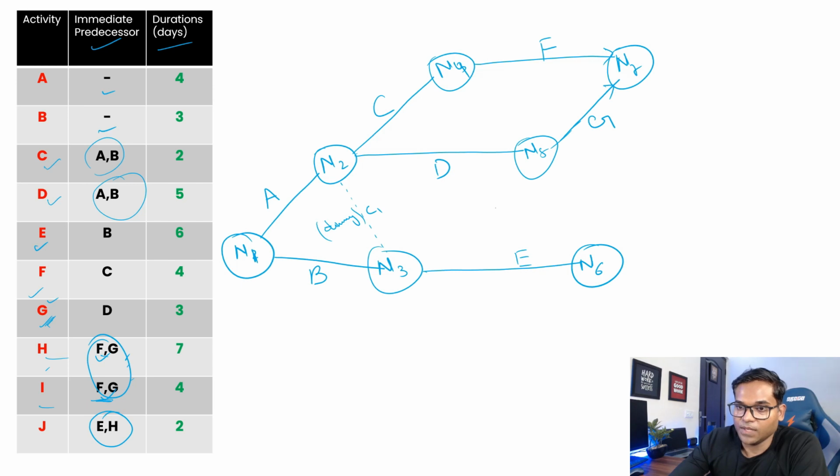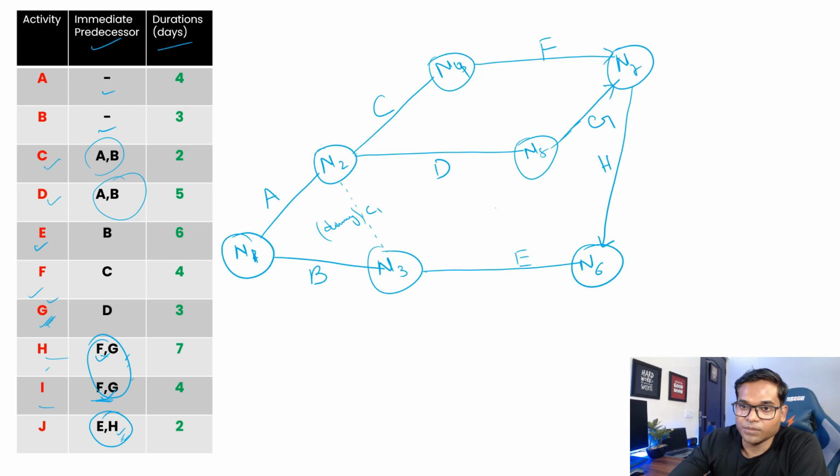So this H, let's take out H here, and when you draw H, you need to make sure it is there, and this should be H, right? Why? Because E and H are converging here, right? Remember, so this is your H.